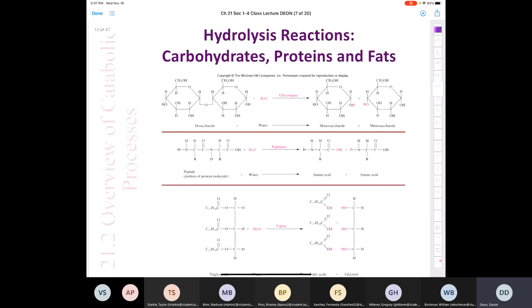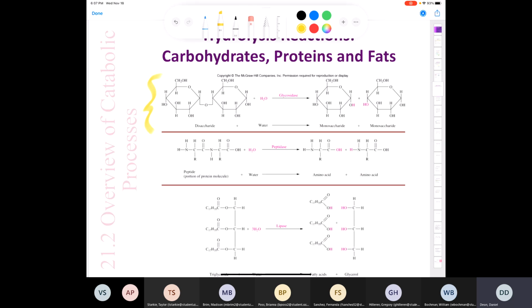Okay, a picture is worth 1,000 words, especially to a chemistry student. There's only so many words you can look at before you're like, show me a structure. There's nothing here that's really complicated for the students of this class. These are all things that we've looked at before, but I want you to think about them in terms of catabolism now. If we take a disaccharide, let's say maltose, we break apart that disaccharide using an enzyme, for example, a glycosidase.